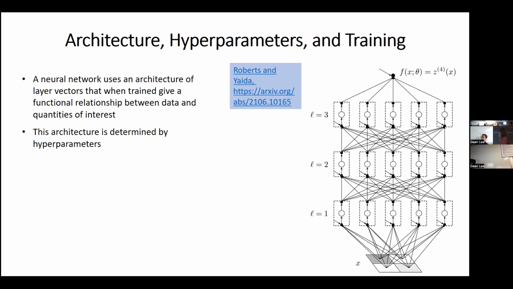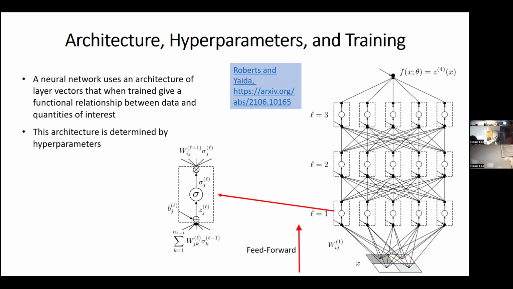So the idea with a given neural network, for those who are unfamiliar, is we have some input X down here that we feed forward, or up on this diagram, into the neural network. And that's going to end up getting multiplied by a matrix of random numbers called the weights, which carries it to a vector here. All of the elements of this vector, which is known as a layer, are known as nodes or neurons.